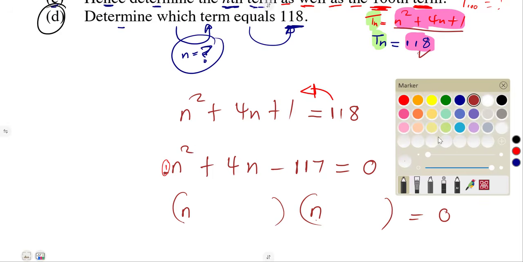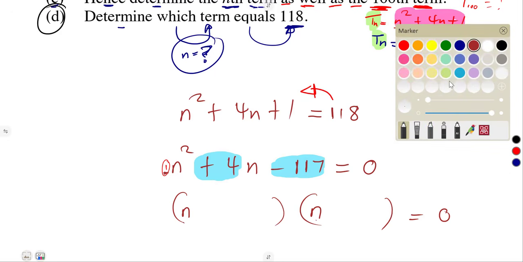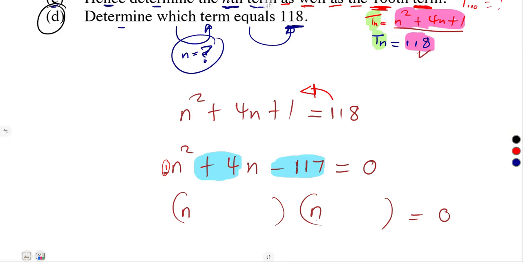So you focus on the constant: two numbers that when you multiply them will give you minus 117, but when you add the two numbers, you must get positive 4.